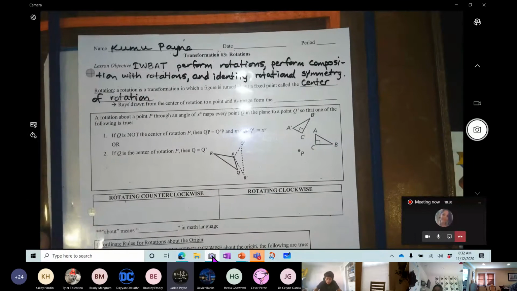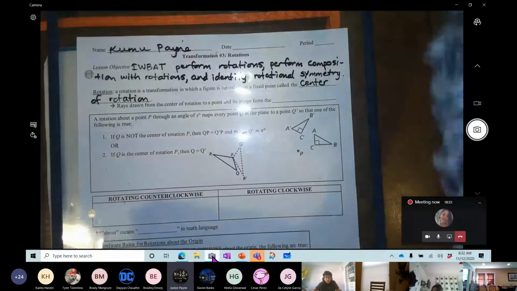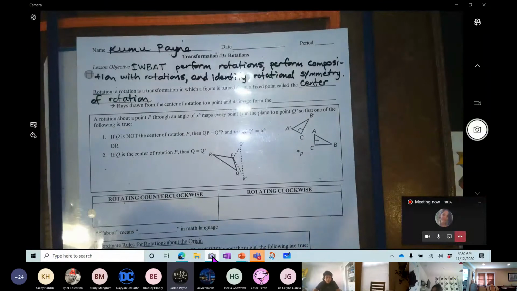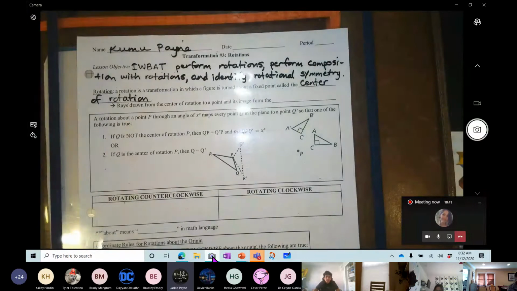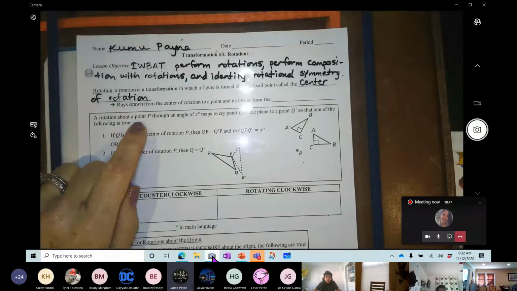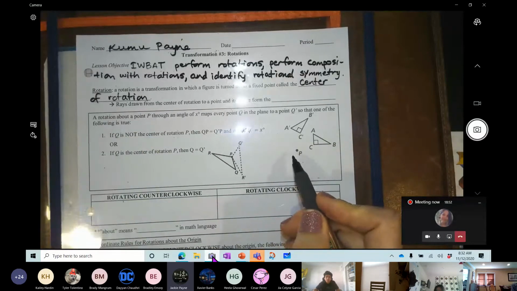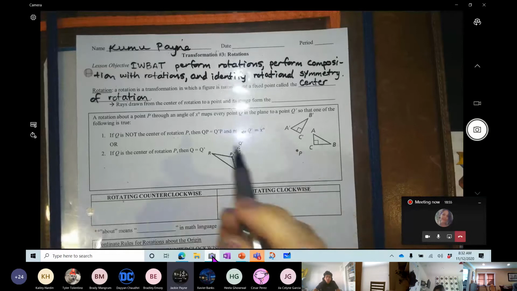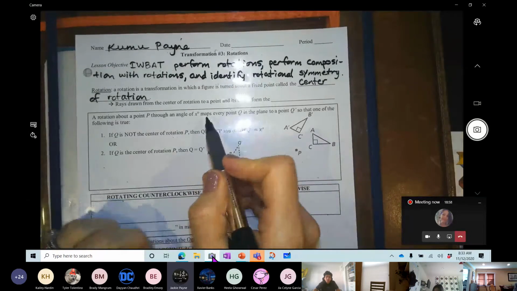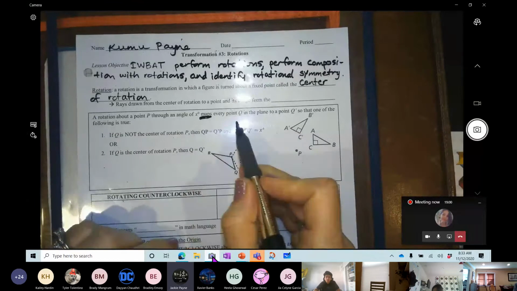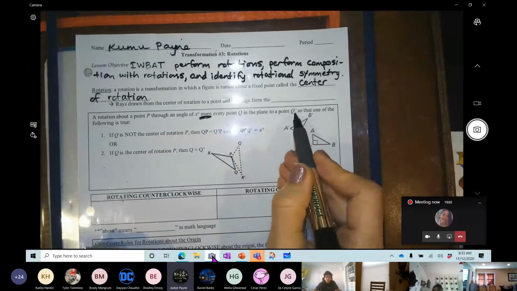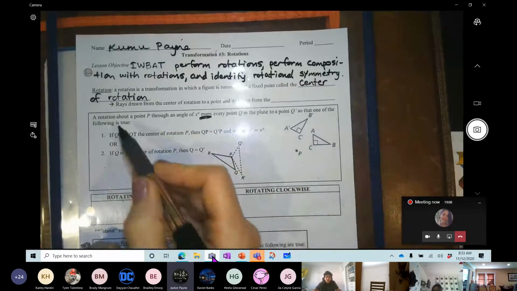Okay, so this is where hopefully I'm going to grab some colors and be able to point some things out. A rotation about a point P, let's say P is here, through an angle of X degrees, so this could be any degrees, maps every point Q in the plane to a point Q prime, so that one of the following is true.